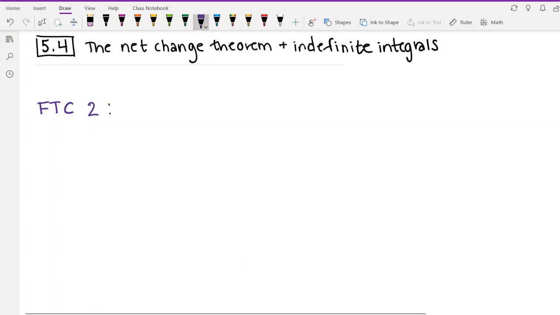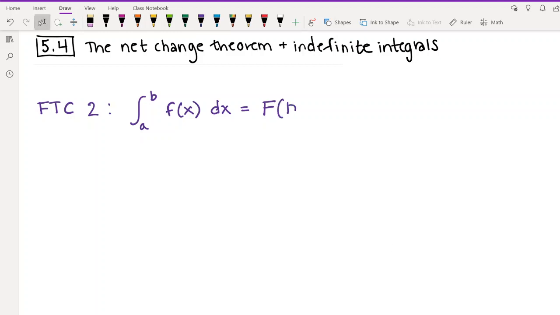So FTC2 just says that if you're trying to integrate a function from a to b, how you can actually calculate that value is by taking any antiderivative of the function on the inside, the integrand, and evaluating it at b, and then evaluating it at a and subtracting the two.